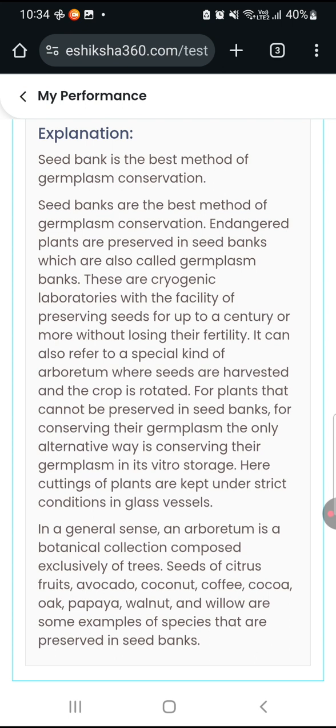Here, cuttings of plants are kept under strict conditions in glass vessels. In a general sense, an arboretum is a botanical collection composed exclusively of trees. Seeds of citrus fruits, avocado, coconut, coffee, cocoa, oak, papaya, walnut, and willow are some examples of species that are preserved in seed banks.